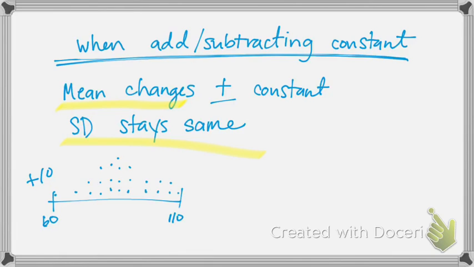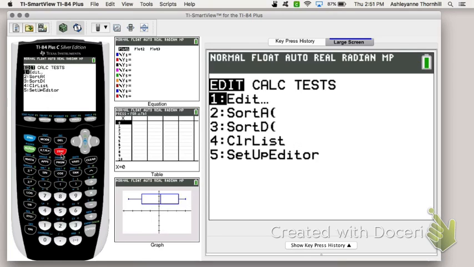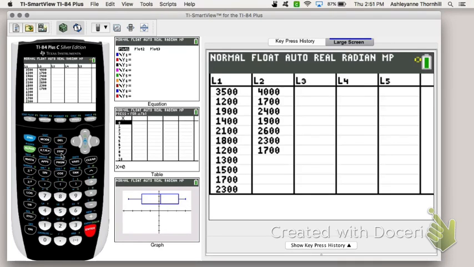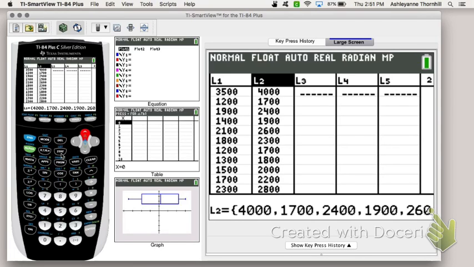So let's go back to the calculator because it says now we're going to double everyone's salary. So I'm going to go back to stat, edit, and I want to take my L2. I'm going to go up to L2. I'm going to hit enter. What formula would double the salary? 2 times L1.